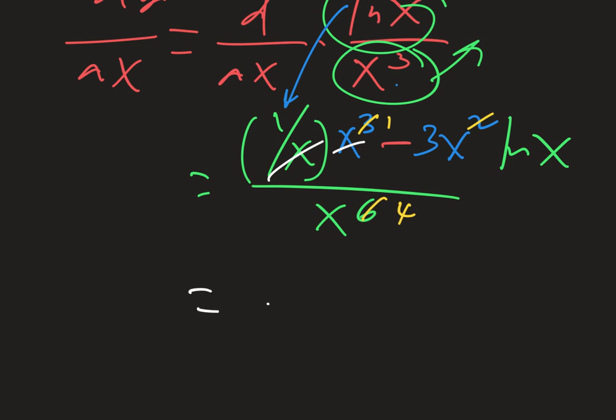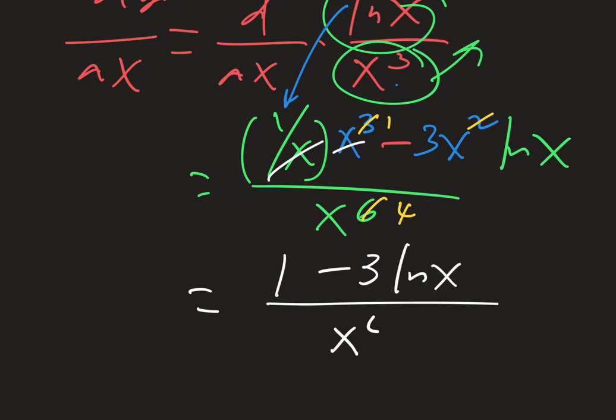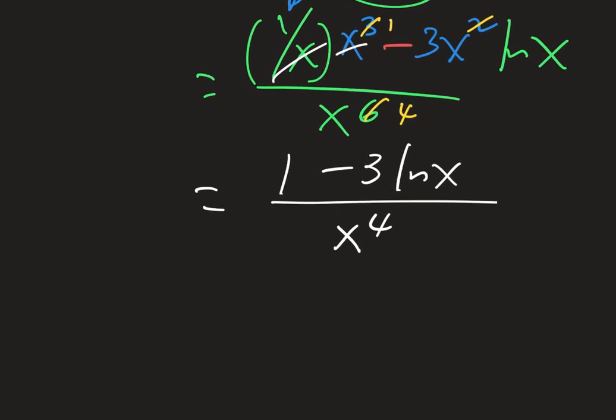So it becomes 1 minus 3 ln x over x to the fourth. Okay, so this is the answer.